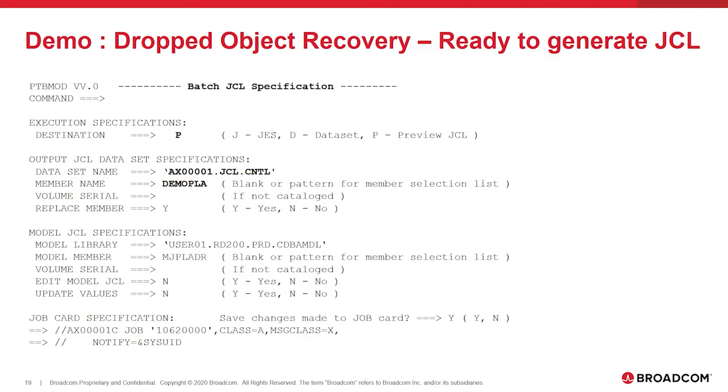Or you can submit the job to the internal reader. When the job is submitted, a message giving the job name and the job number will be displayed. So here we choose P to preview the JCL.